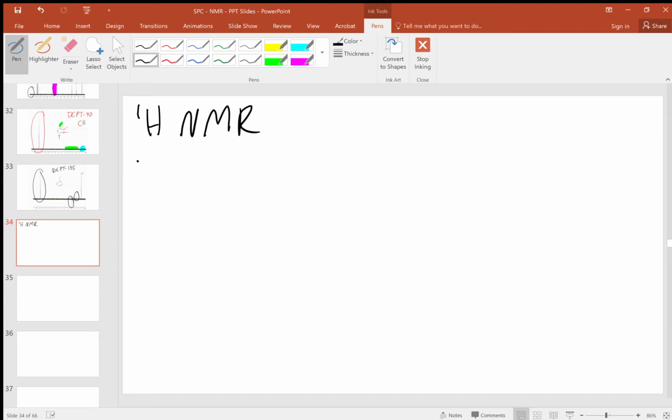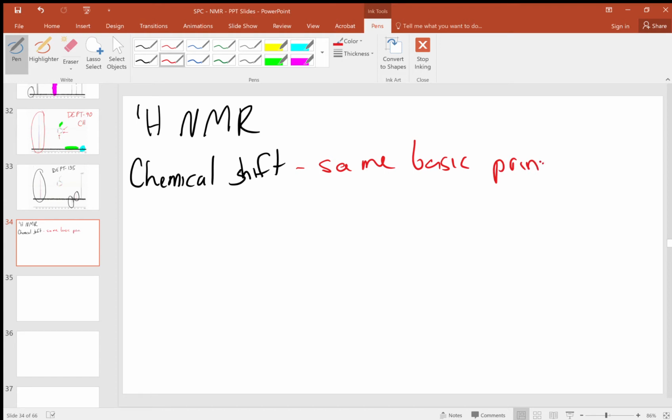So we're going to start by talking about chemical shift. But again, I want to emphasize that what we see from chemical shift in proton NMR is very, very similar to what we saw in C13. Now, what do I mean by that?